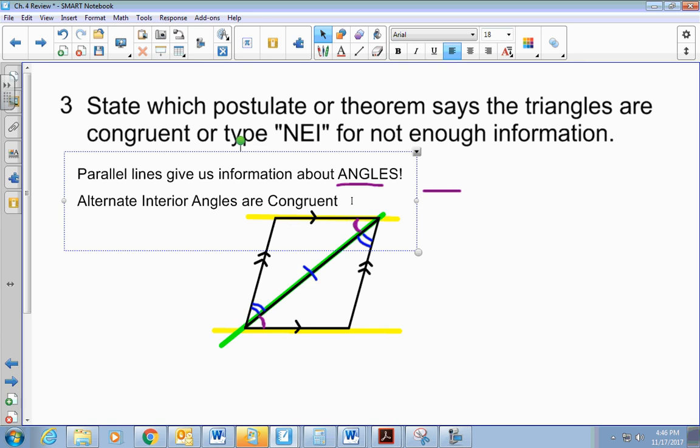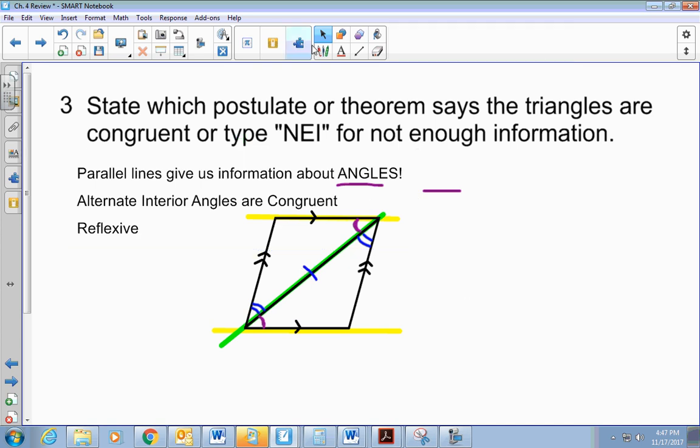So you can't just put side angle side or whatever congruent triangle postulate or theorem. You have to put why it is. So if you're saying alternate interior angles are congruent, you can't just put the congruent marks there. You have to say that they're alternate interior angles. So we're going to put down reflexive so that it justifies us saying that this is congruent.